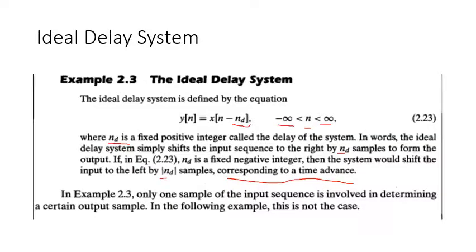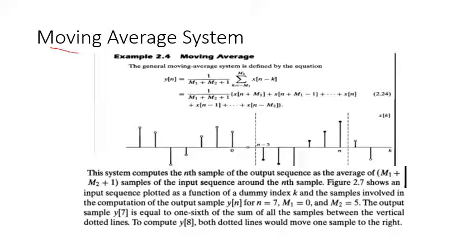Okay. So here we have the example of the moving average system. Moving average system means that we are taking the average of a running signal. So here you can see that this is a signal and this signal is moving. What we have to do is take the average of this window. Okay, so we know how many points are there: 1, 2, 3, 4, 5, 6.